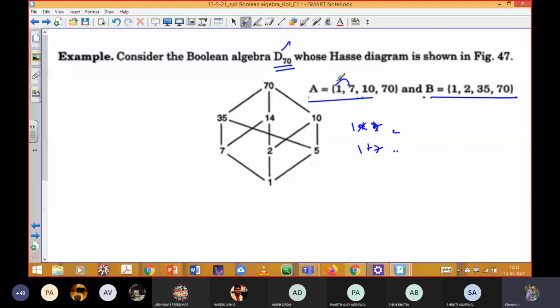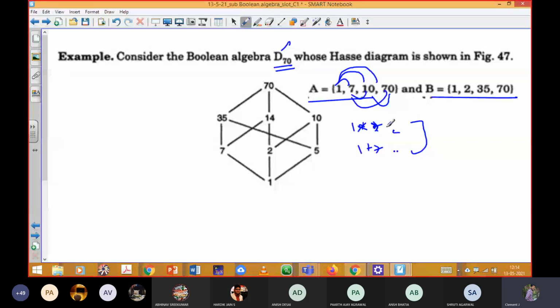If it follows the closure property, that is, if the value also belongs to A itself, then you can confirm A is a sub-Boolean algebra. In the same way, you need to apply it for the next subset B. Your task is assigned here. You need to check the closure property with respect to star and plus between every pair of elements which appear in both sets.